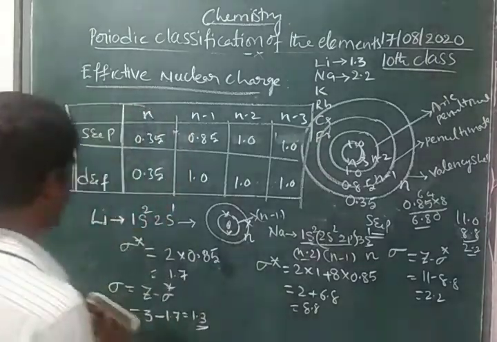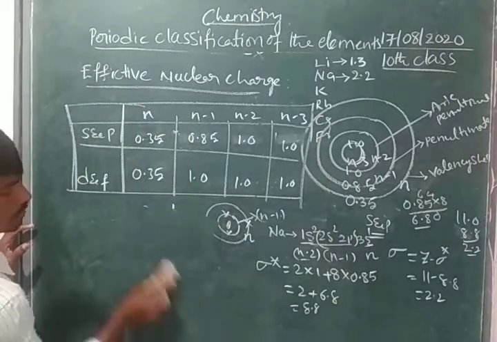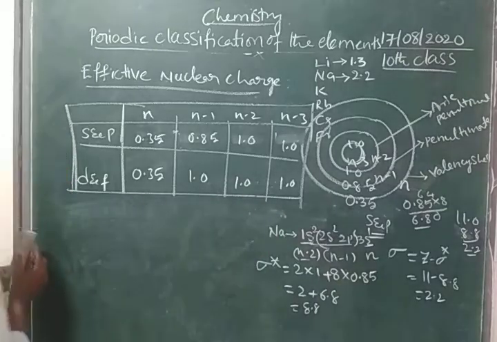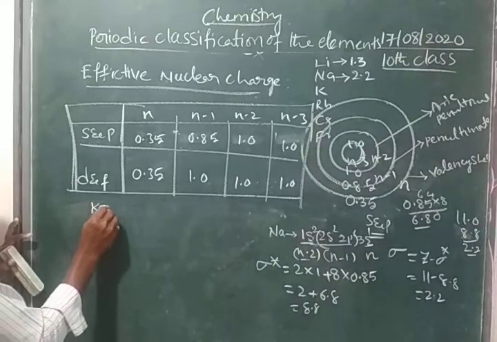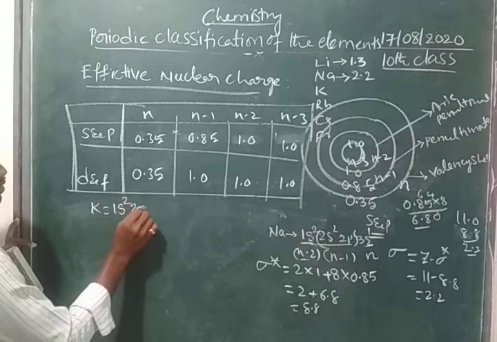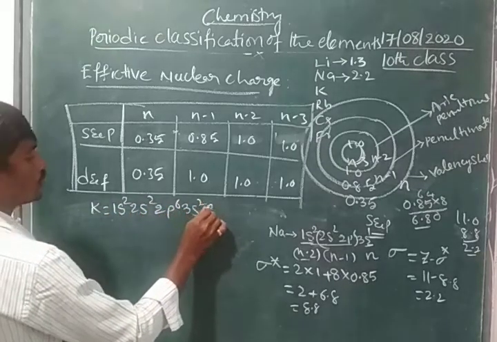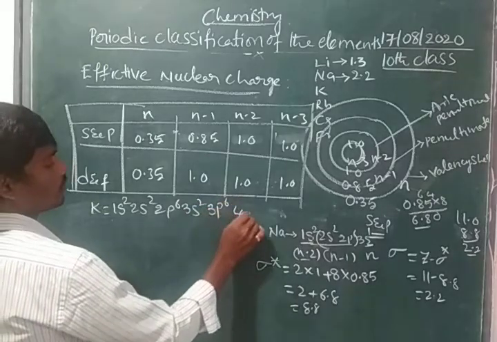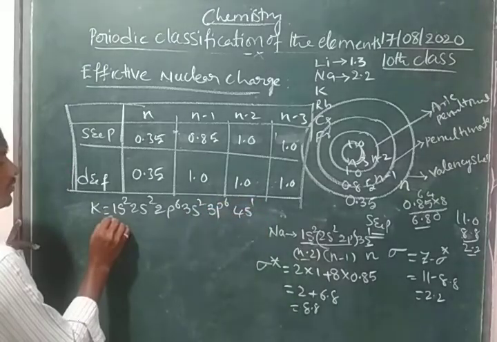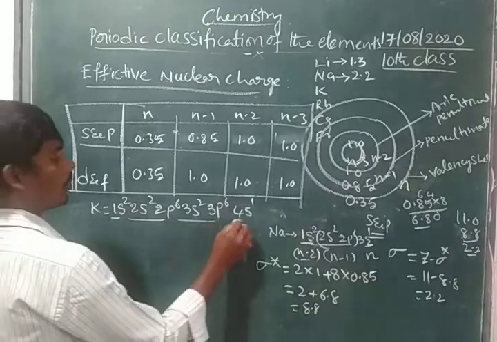See children, if we consider potassium, what is the electronic configuration of potassium? 1s2, 2s2, 2p6, 3s2, 3p6, 4s1. Totally how many shells do we have?